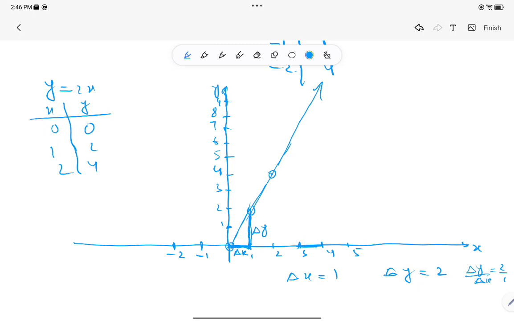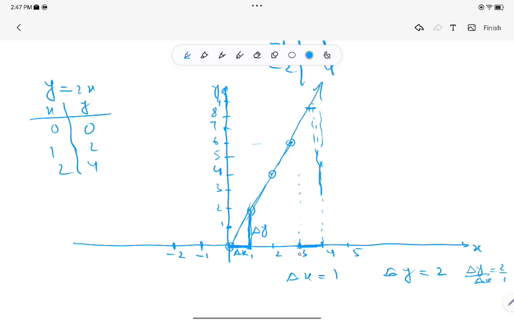First of all, you have this situation. When x is equal to 3, how much is y? You can straight away go to the graph and see what y is. You can see y is 6 at x equal to 3. At x equal to 4, you can see yourself, y is 8.